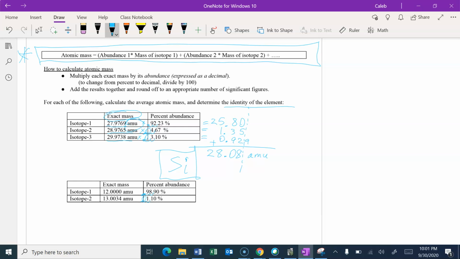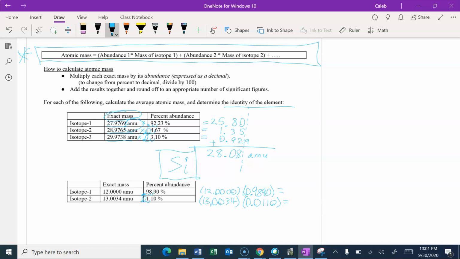I'm just going to rewrite these actually to be a little more clear with what we're doing. 12.0000 times 0.9890, and then I have 13.0034 times 0.0110.